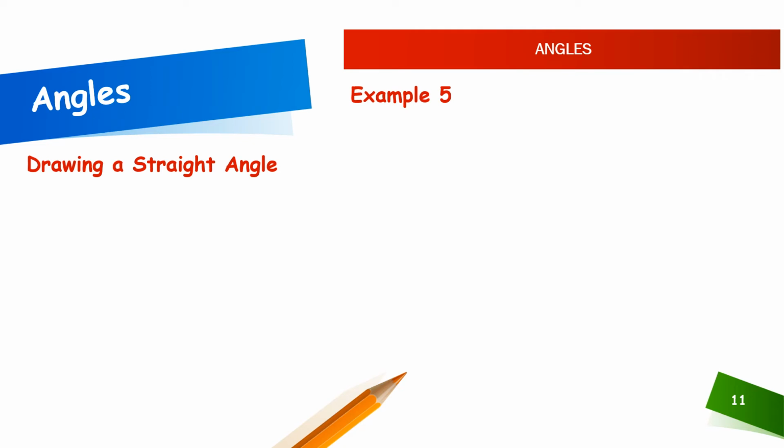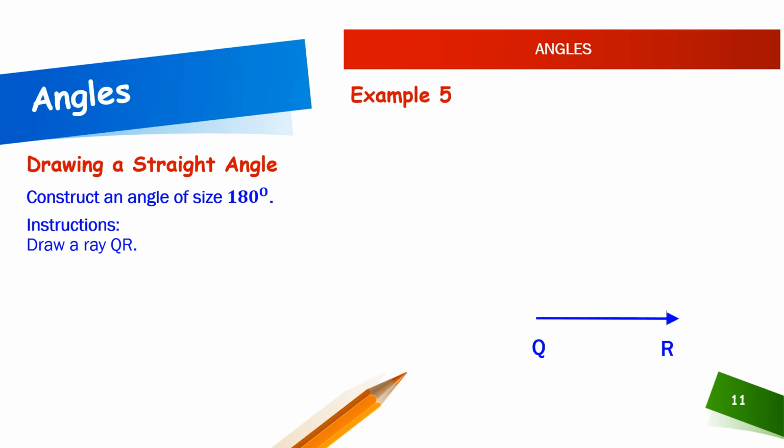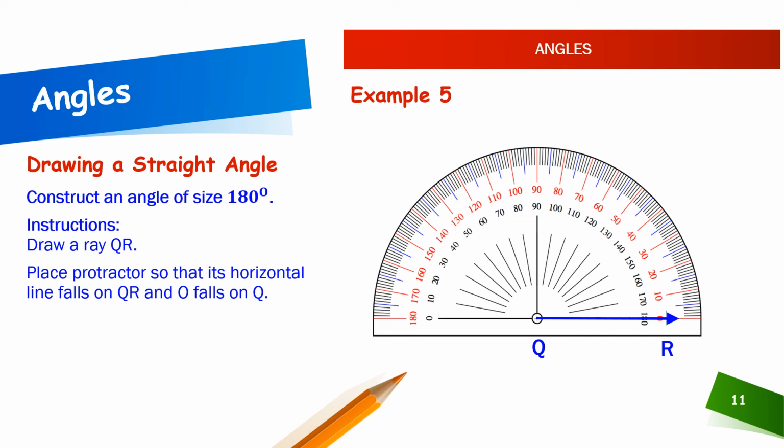We will now see how to draw a straight angle. Recall that a straight angle is an angle of size 180 degrees. Again, begin by drawing a ray QR. Place the protractor so that its horizontal line falls on QR and O falls on Q, as shown. And read the protractor from the right.